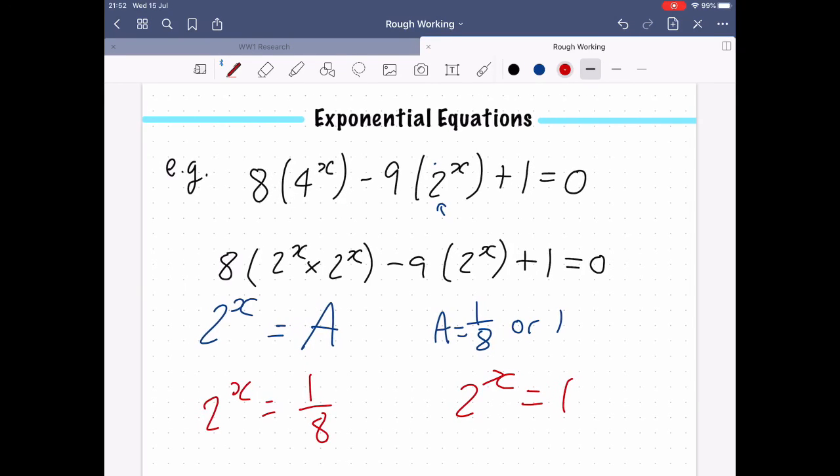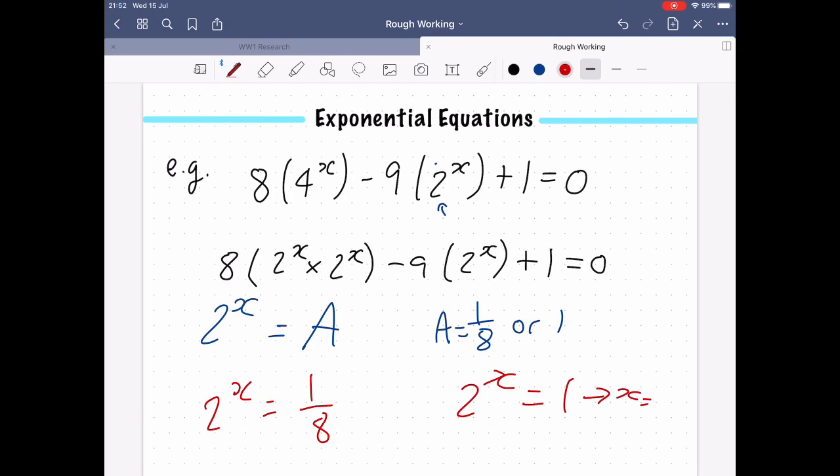So this is x equals 0 and this is x equals negative 3, because 1 over 8 can be written as 2 to the power of negative 3. So yeah, so there you have your answers as x equals negative 3 or 0. So I hope you understand. Please comment down below if there are any problems.